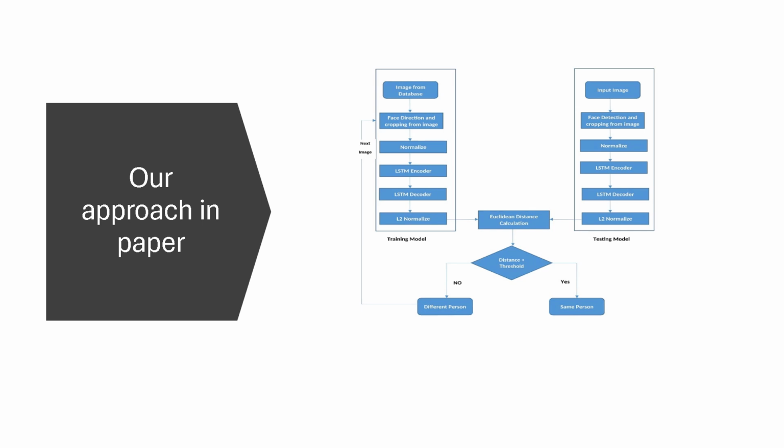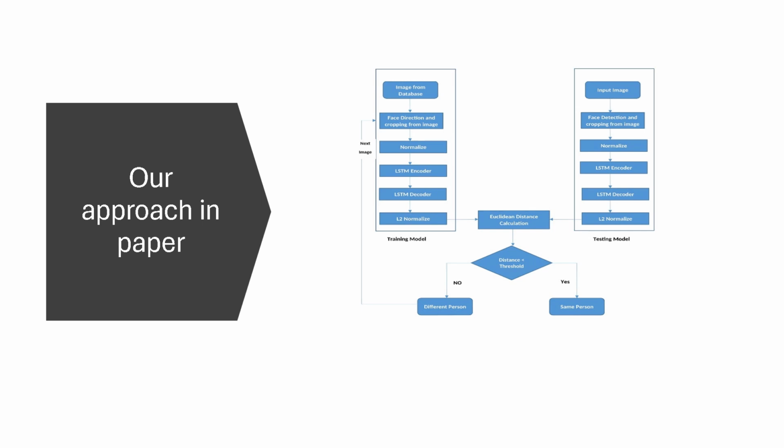First, we'll take an image from the database. Then we'll do cropping, detection, and other things. Then we will normalize whatever image is obtained at this phase.